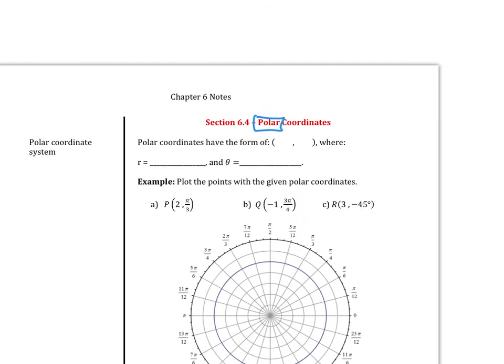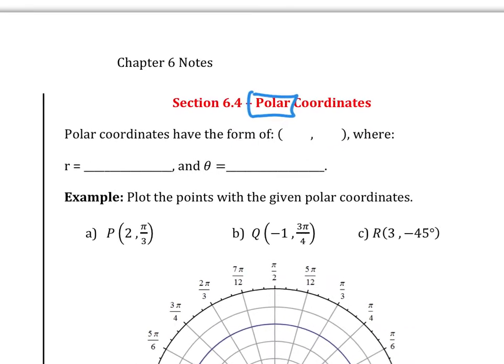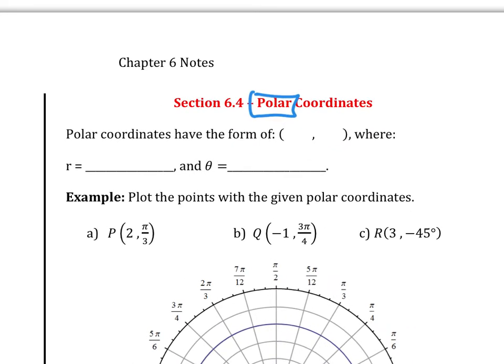So in the polar coordinate system, we have, instead of the xy coordinate, which is called the rectangular coordinate, because if you think about our coordinate system when you're drawing the xy coordinates, it's basically rectangular.